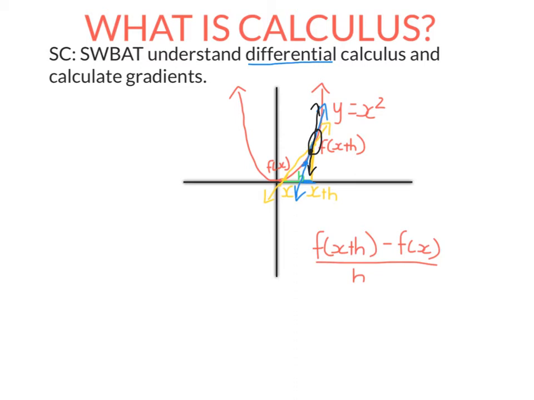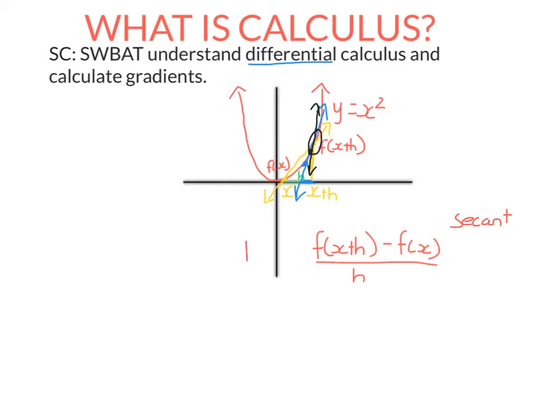So what I'm saying is, I want to calculate the gradient of y equals x squared, and I use this function here. This is how I calculate the gradient of the secant. But the secant will best represent the curve if h is very small, if the distance between the 2 points is small.